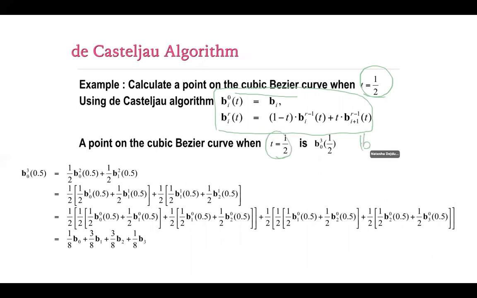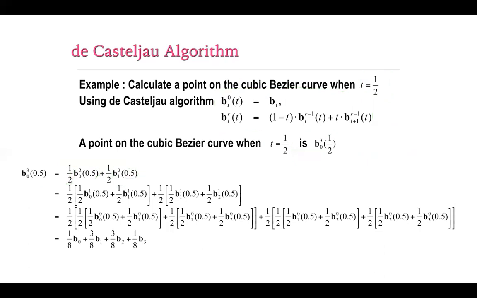That is b30 at 1/2, where n is equal to 3. And then you can simply substitute t by 0.5, and use the Casteljau algorithm recursively: 1/2 b20 at 0.5 and 1/2 b21 at 0.5.